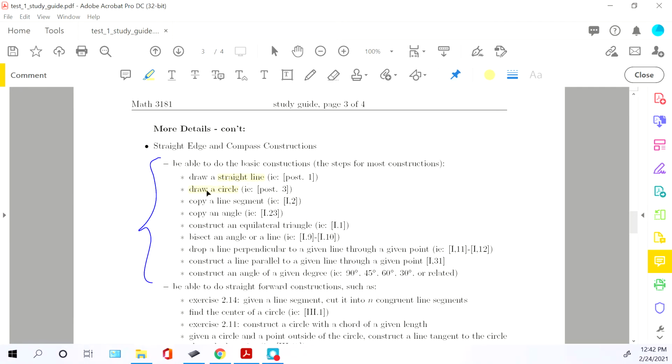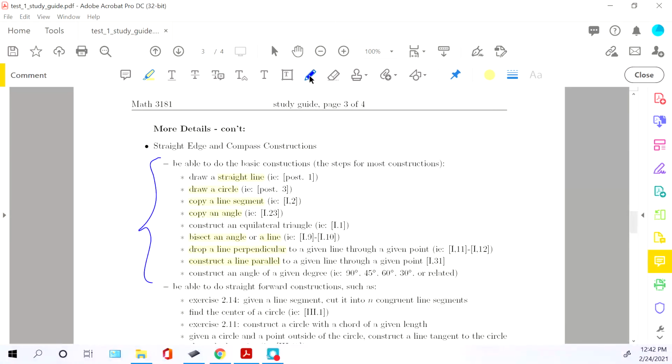So this one's with a compass. Make sure you're comfortable copying a line segment, copying an angle, bisecting either an angle or a line. Make sure you're comfortable drawing a perpendicular line. Make sure you're comfortable drawing a line that's parallel given to another line. Okay, those are your main construction techniques.